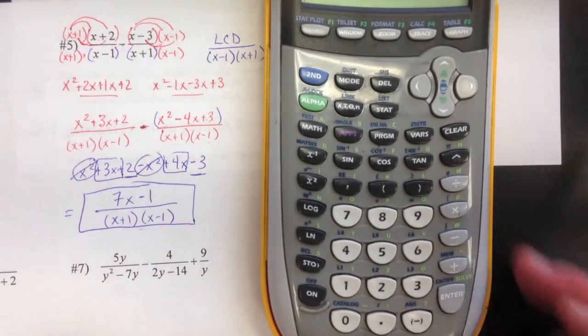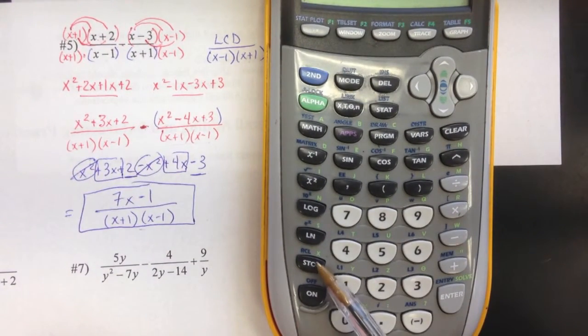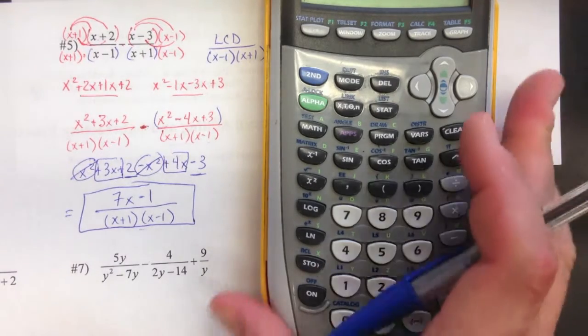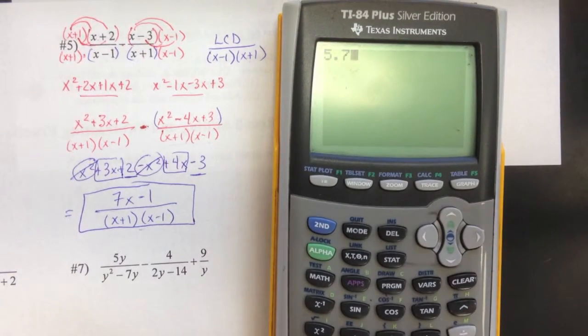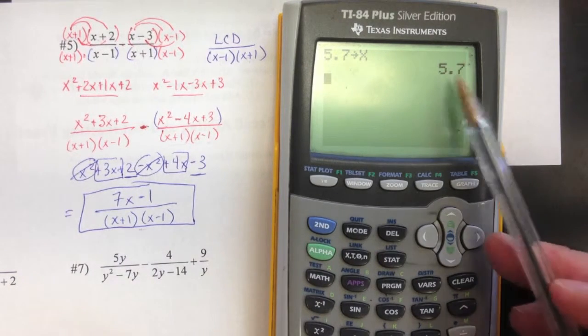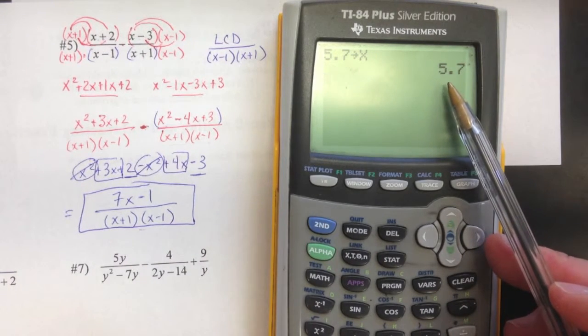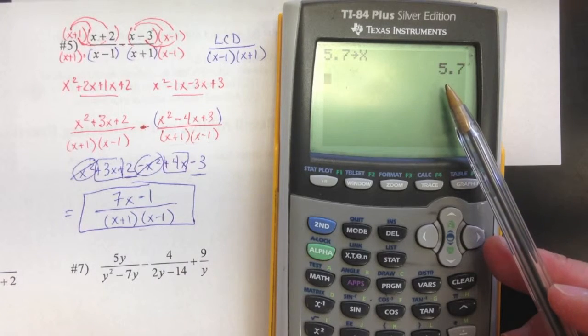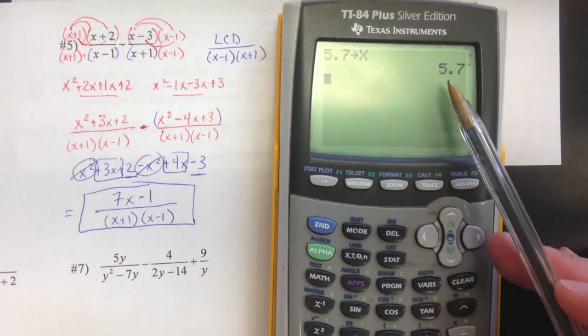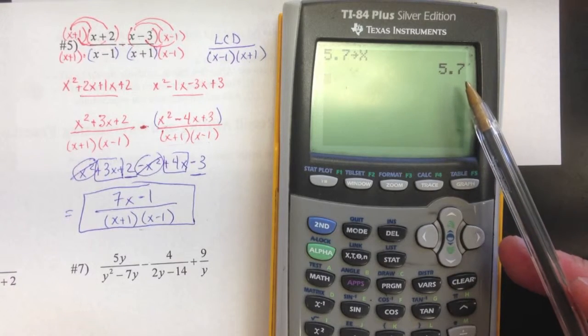Right above the on button, you see the STO button. That's the store key. So I'm going to store it for x. And when I hit enter, it just says 5.7. So right now in the calculator, anytime I type the letter x, it's automatically going to substitute a 5.7 for me.